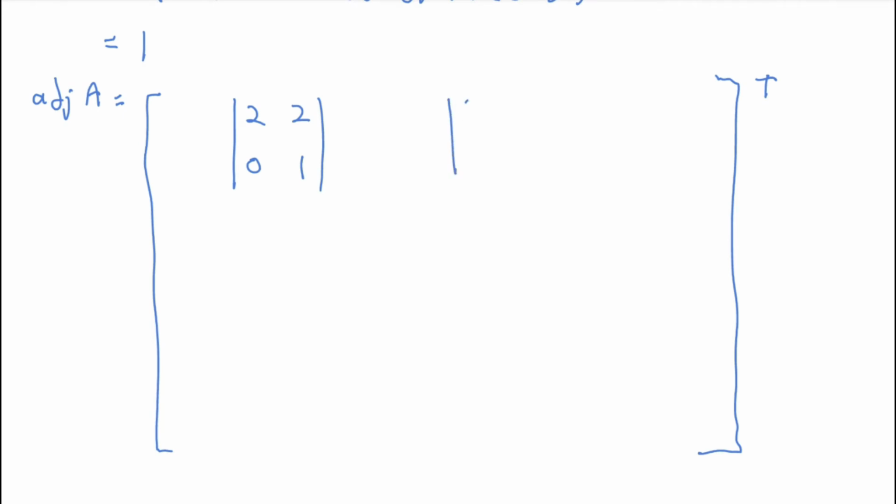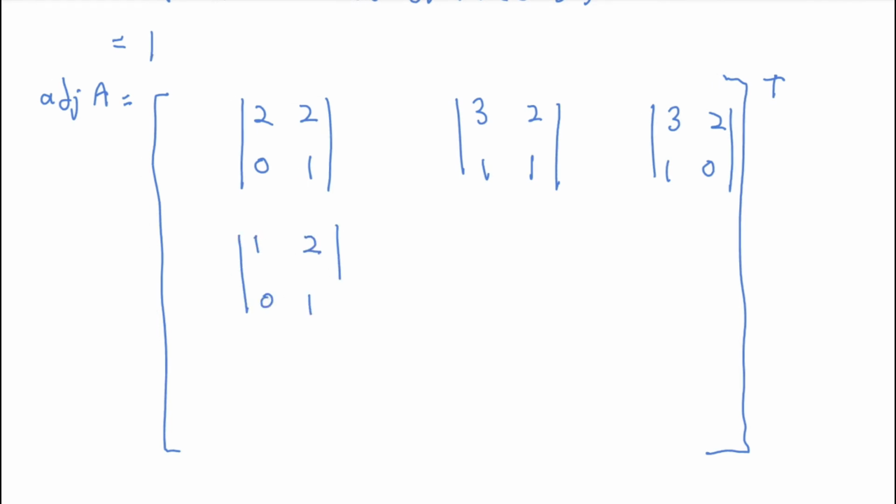Here 3, 2, 1, 1. 3, 2, 1, 0. 1, 2, 0, 1. 3, 2, 1, 1. 3, 1, 1, 0.